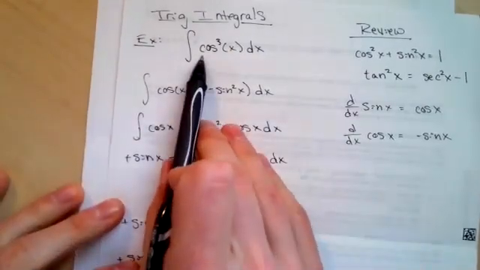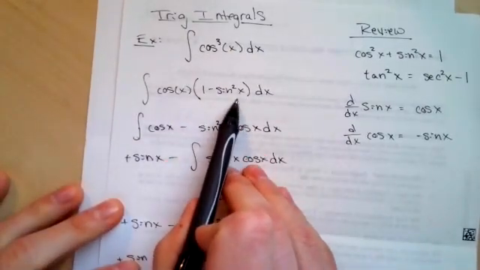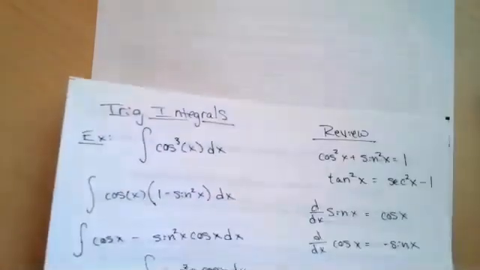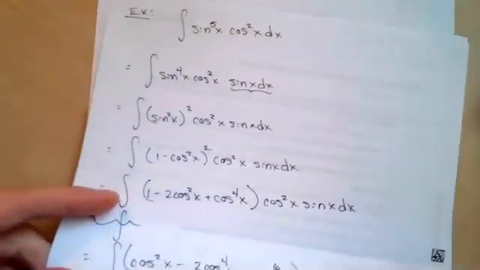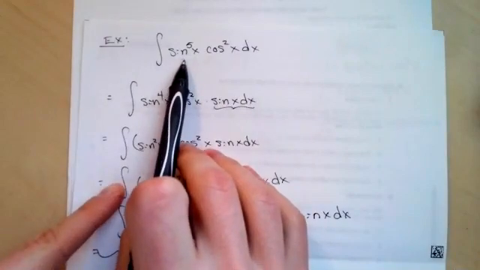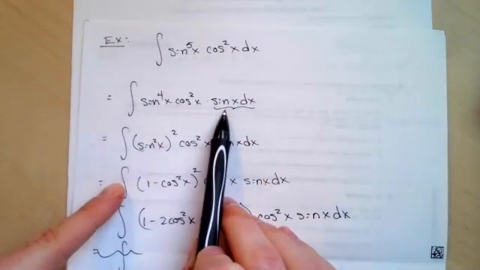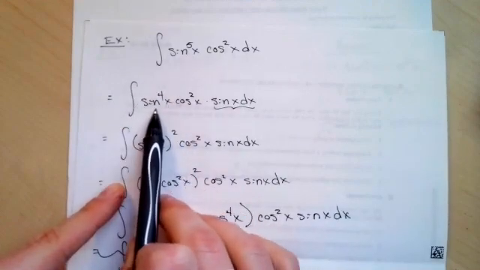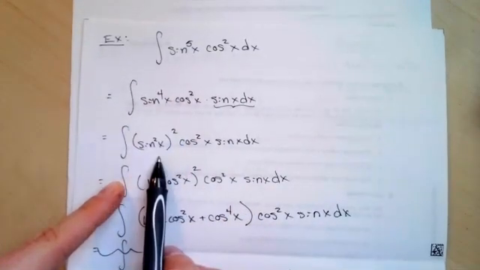So here we converted an even number of cosines into an even number of sines. And then in the next one, we have an odd number of sines. We leave one off and we convert the remaining even number of sines into cosines.